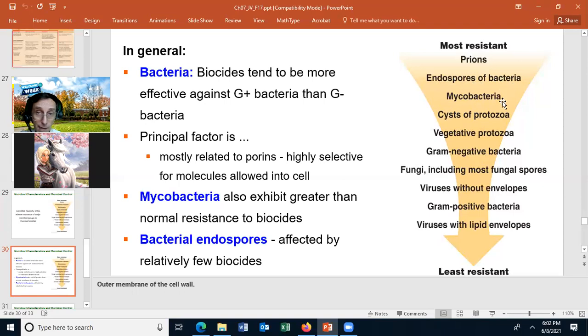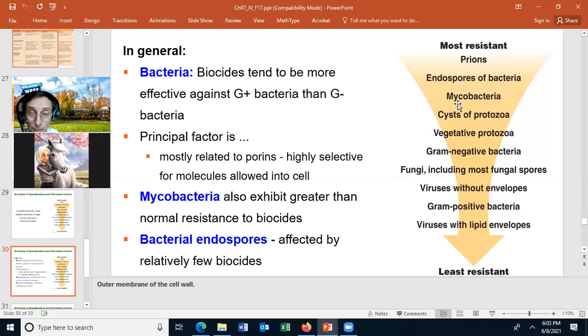However, the mycobacteria are very sensitive to killing by alcohol. Alcohol can get through the mycolic acid of the cell wall of the mycobacteria, and they can kill the cells.